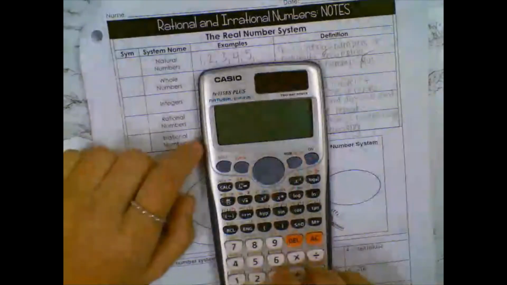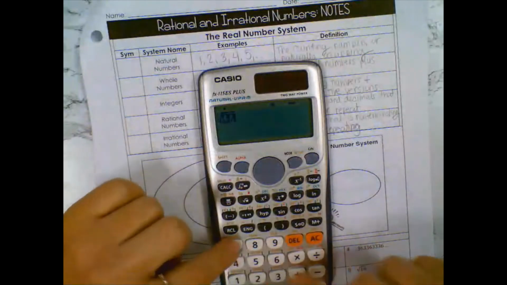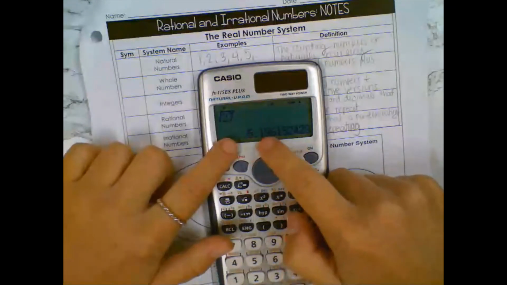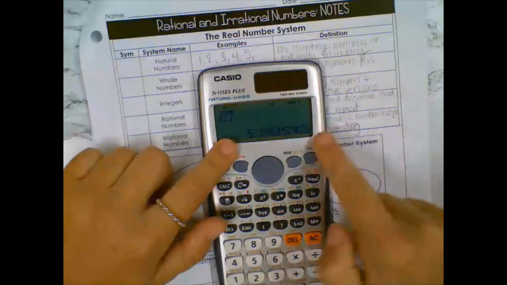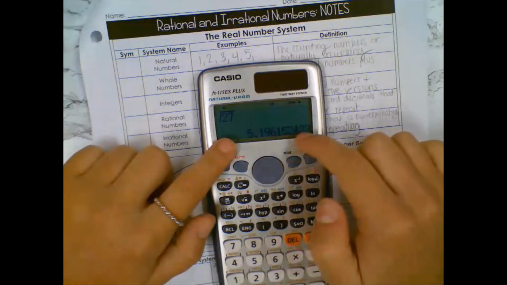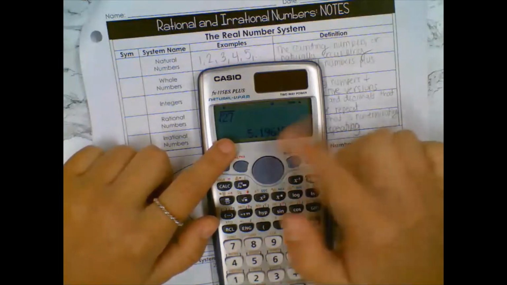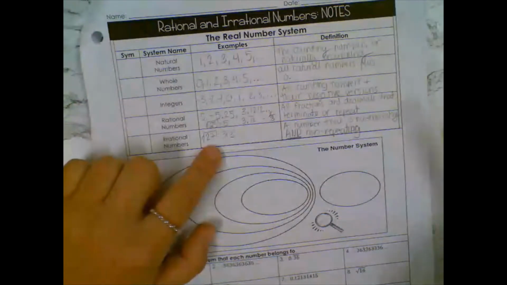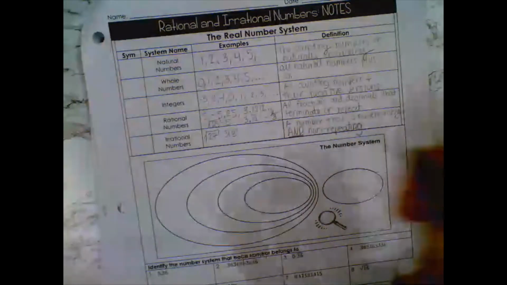If you were to actually take the square root of the number 27, it gives me this decimal, and obviously the calculator doesn't have the capacity to keep going forever. It's not going to give you a dot, dot, dot, but if we see all of these digits here, this is showing us non-repetition, non-repeating and non-terminating.